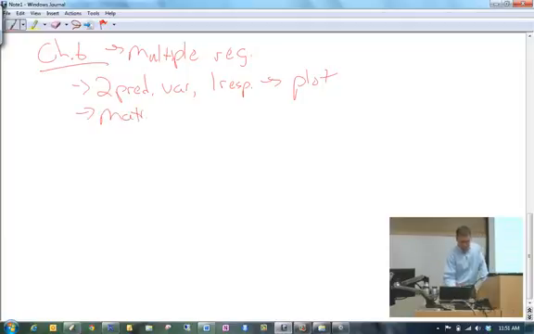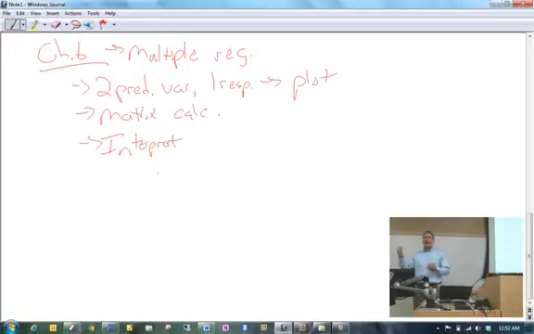Of course, the matrix calculations, and how to interpret the model. One of the central things that we use to interpret a regression model is to look at these B's, like B1, B2, B3.